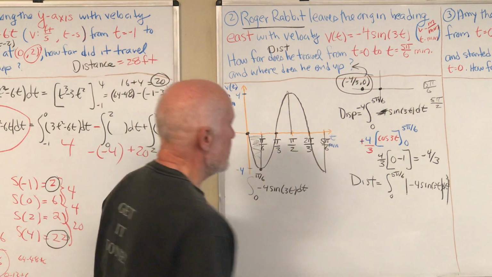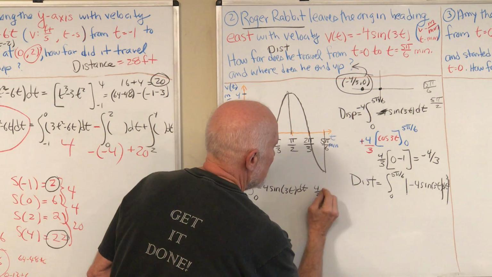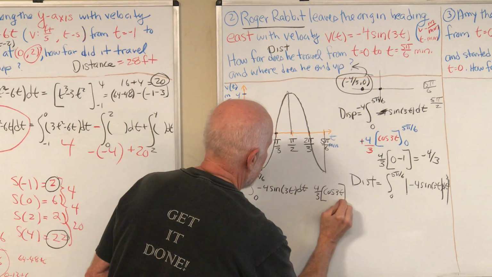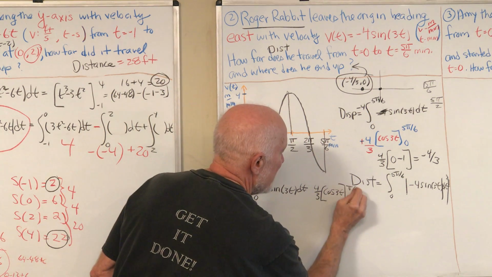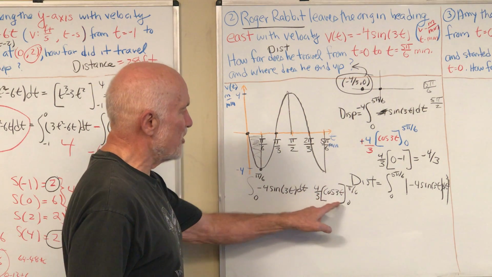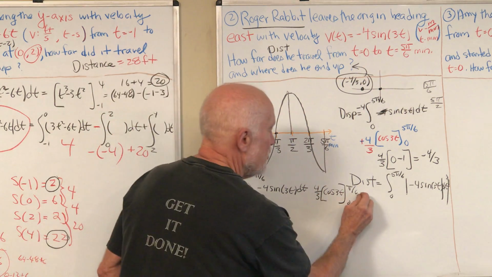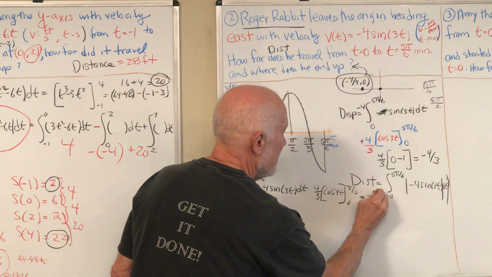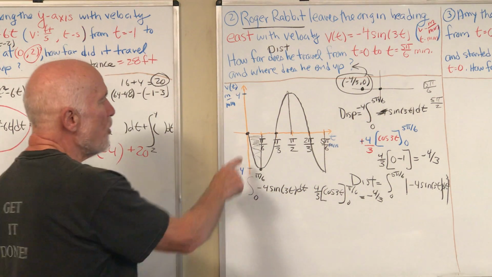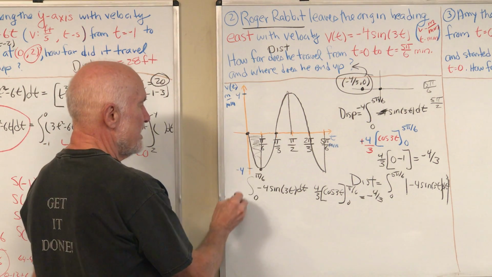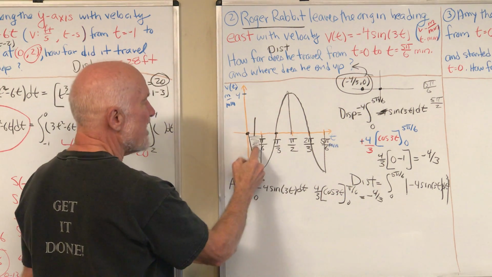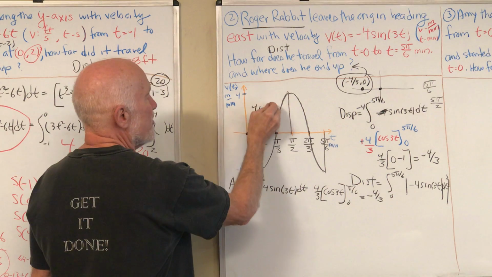And then you would have ended up with 4/3 times the cosine of 3t from 0 to pi over 6. Well, the cosine of pi over 2 is 0, the cosine of 0 is 1. You'd end up with negative 4/3. So I would know right now that the area of this little segment is 4/3.